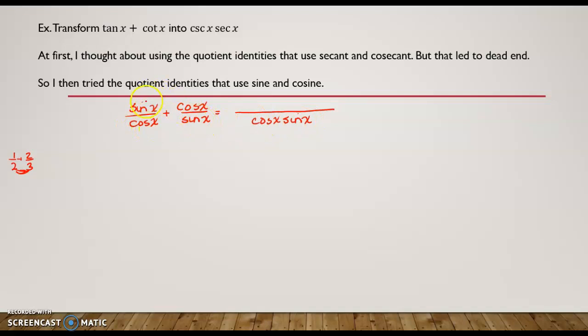Well, I need another sine x. So sine x times sine x would be sine squared x. And I need another cosine to make this denominator look like this denominator. So I have plus cosine squared x. Sine squared x plus cosine squared x is the 1, like we just did.